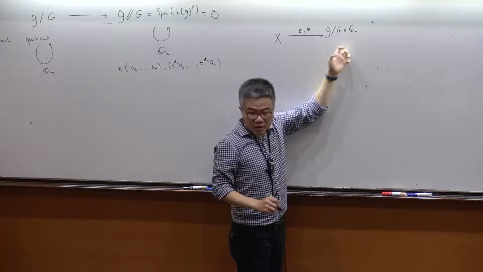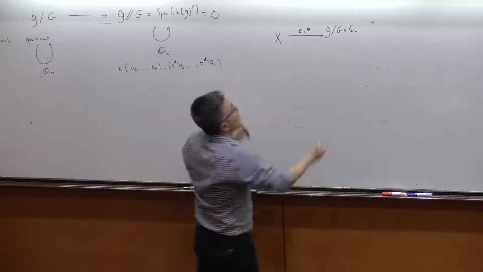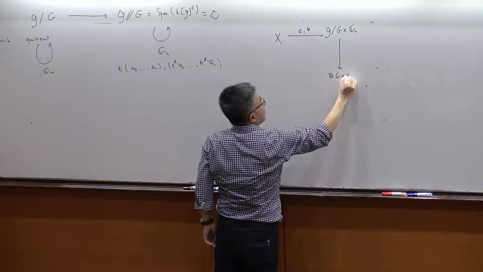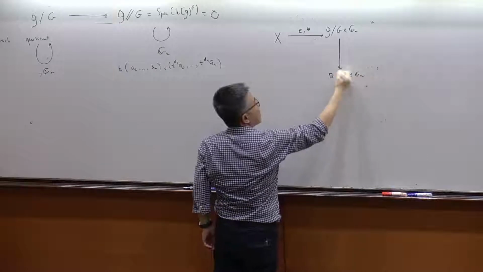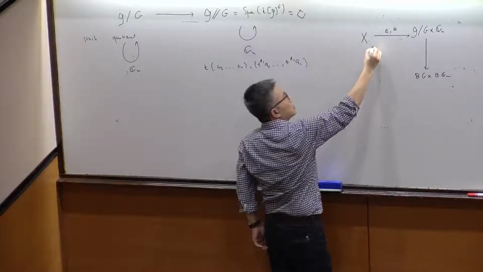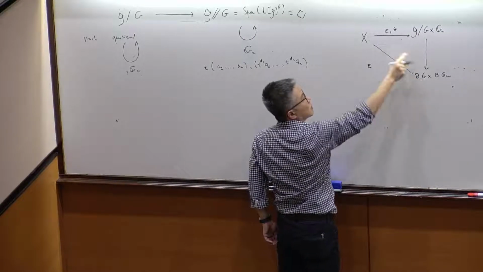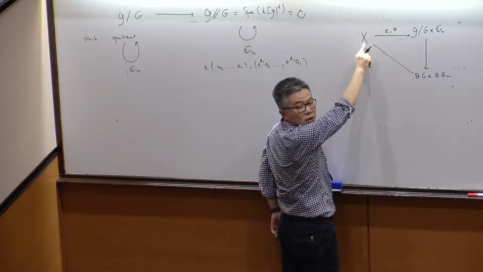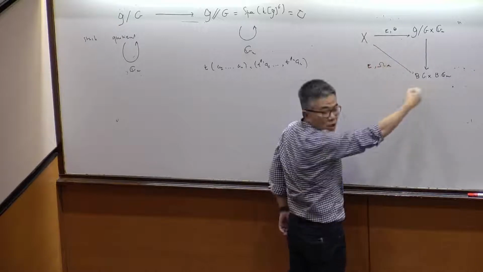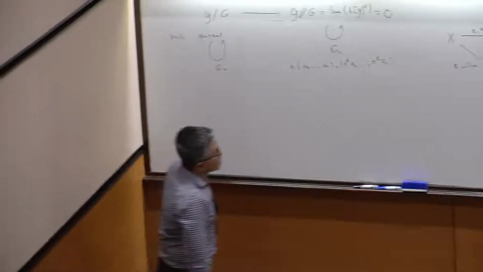It's just the data that I wrote before. And of course, this is over BG times BGm, the classifying space of G and Gm. So it's over E: the BG corresponds to the G-bundle E over X, and the Gm corresponds to the Gm-bundle given by the canonical bundle omega of X.